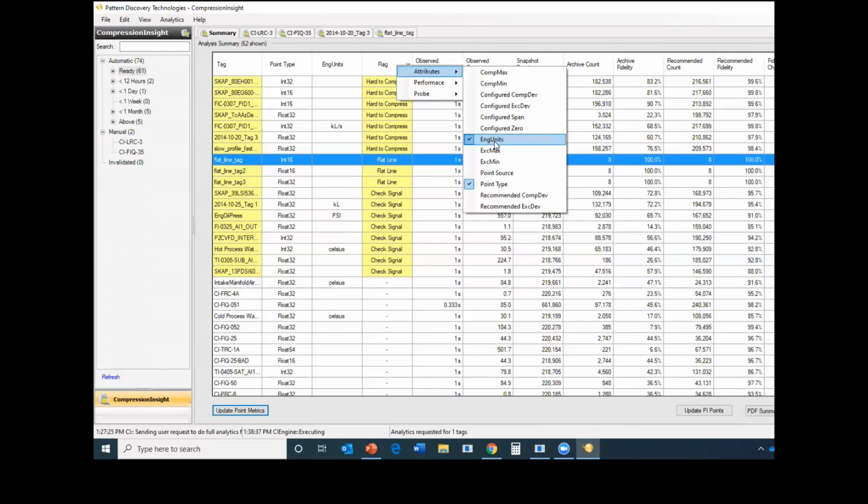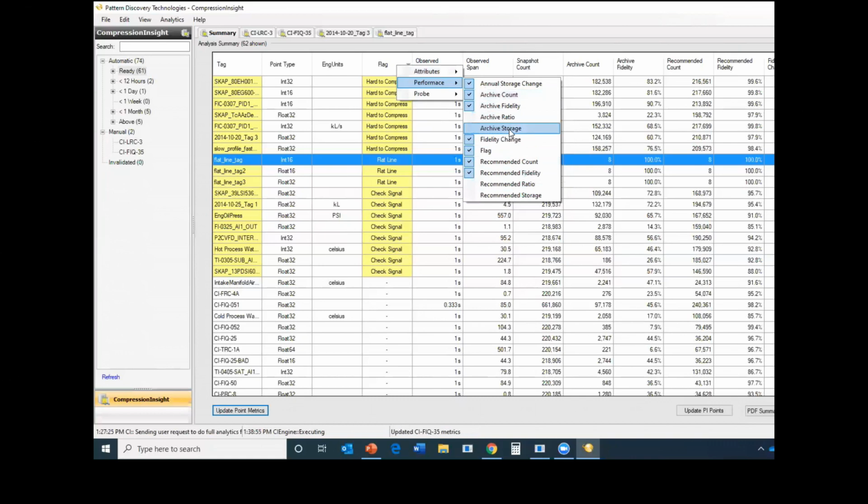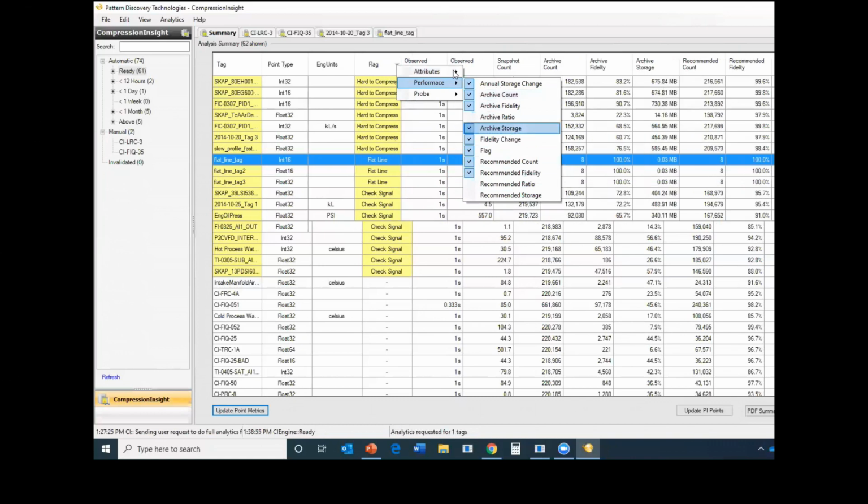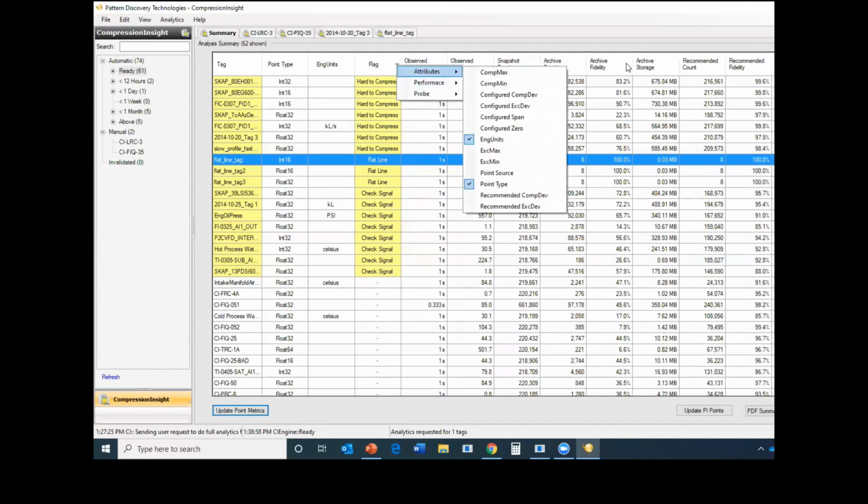Yeah. So what's the performance and probe things on there? Yeah. So you can look at, I've got these are the flags that I've already got on, but you can look at, for instance, we make an estimate based on the original archive fidelity. I've just turned on archive storage.